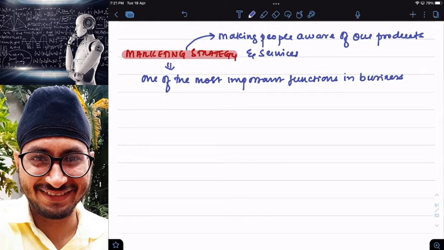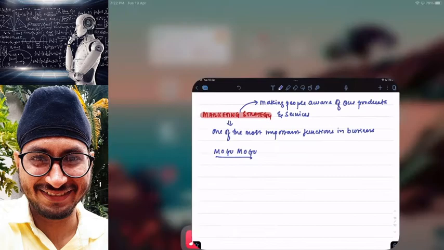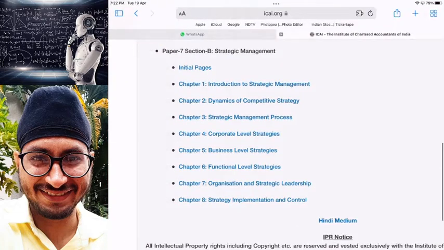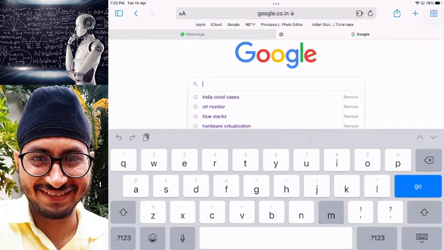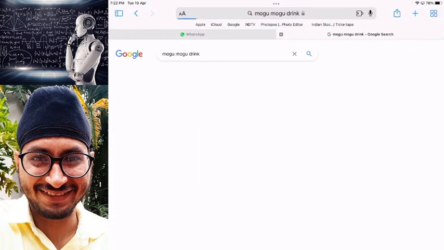Real fruit juices. But have you heard about a brand called Mogu Mogu? Have you heard about this brand called Mogu Mogu? No. There is a juice brand called Mogu Mogu. See here, it's something like this. But many people don't know about this. It's a very good drink, Mogu Mogu drink.